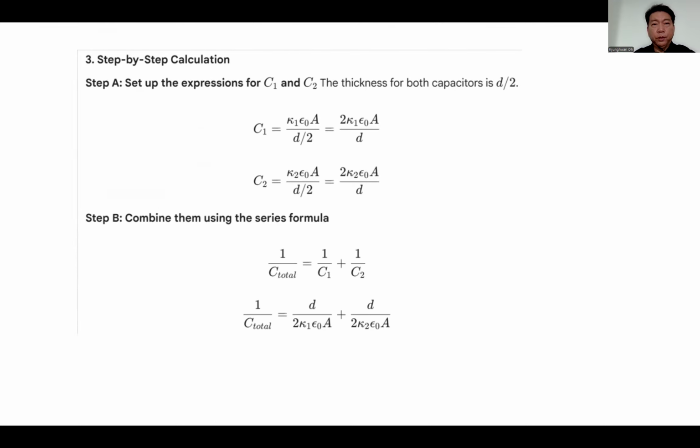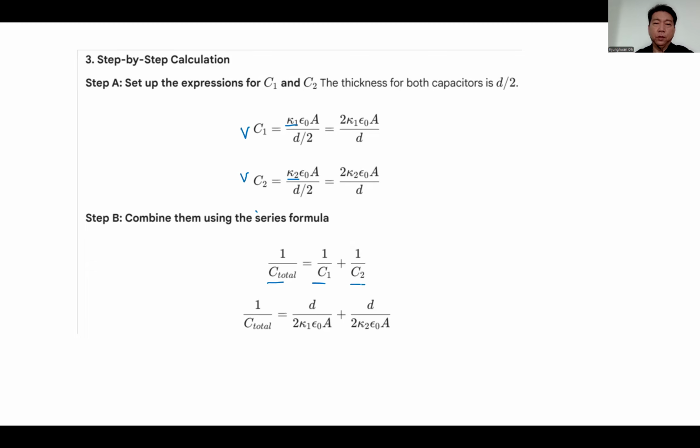And then we can calculate C1 for kappa 1 and C2 for kappa 2. Note that they are serially connected, and then the total capacitance is going to be like this.